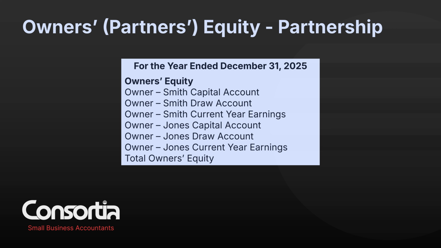And then you'd have the second partner, Jones' capital account, Jones' draw account, Jones' portion of the current year earnings. And thus, of course, the beginning and end would be the total, but this way you could see how much each one of them has, obviously, their balances.